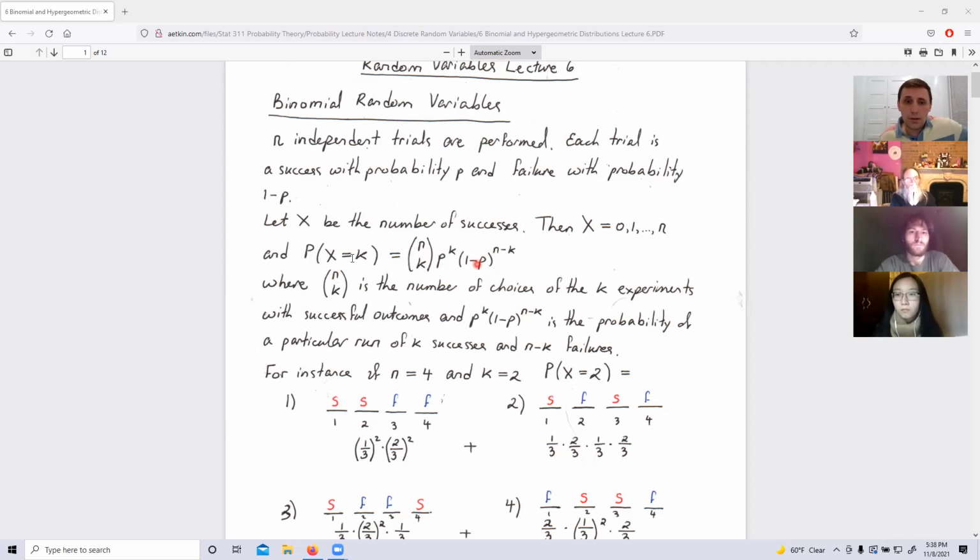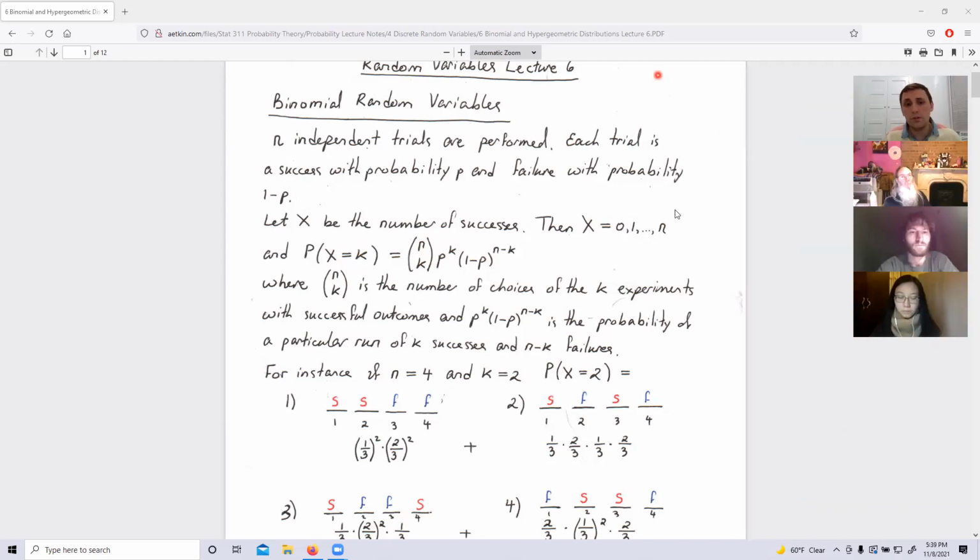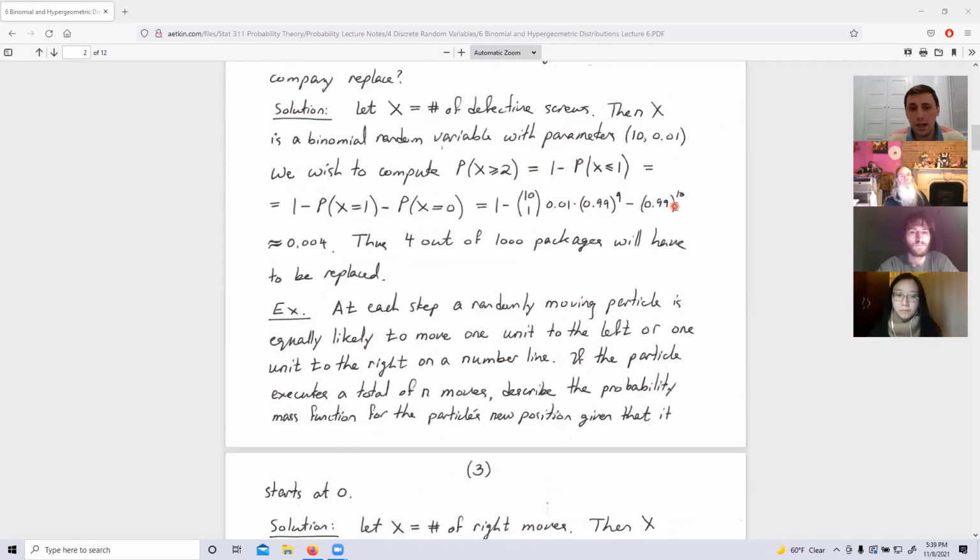And so the probability that we get exactly k successes is n choose k, p to the k, 1 minus p to the n minus k. I hope you remember why, right? You see where the n choose k comes from. That is over all the possible choices of k successes that you can select. Good. And we solved already a few questions regarding this probability.